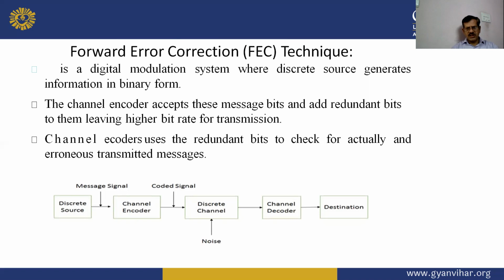The output of this discrete channel is applied to the channel decoder, and here the signal is decoded by the decoder network, and the output of this decoder is applied to the destination, which is the discrete source signal transmitted through the different networks: the encoder, discrete channel, and decoder.